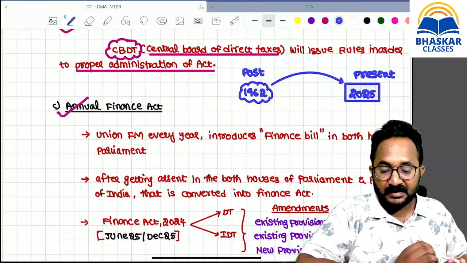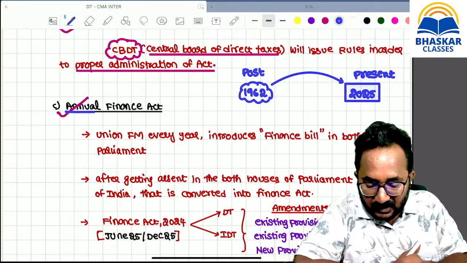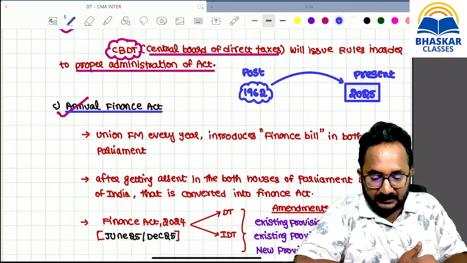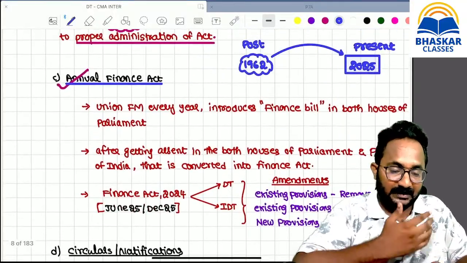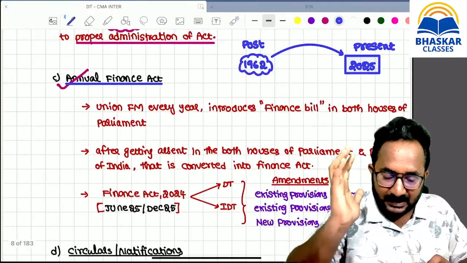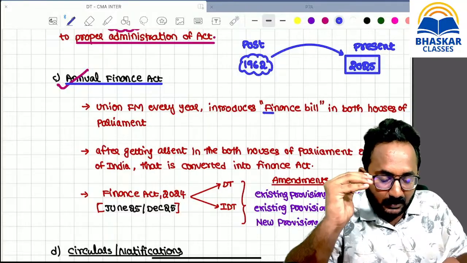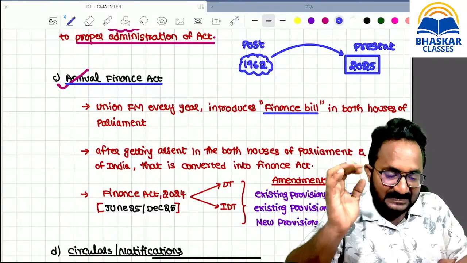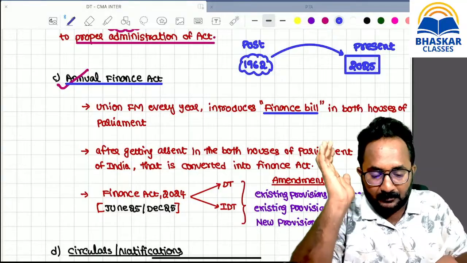That's why we have one point, the Annual Finance Act. Whatever changes are proposed, first you introduce all the proposed changes in the finance bill.